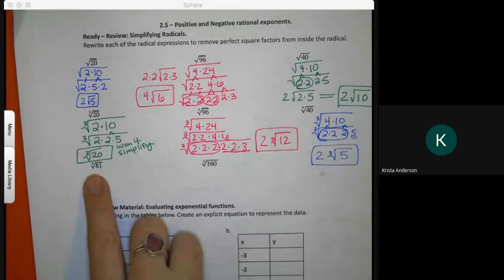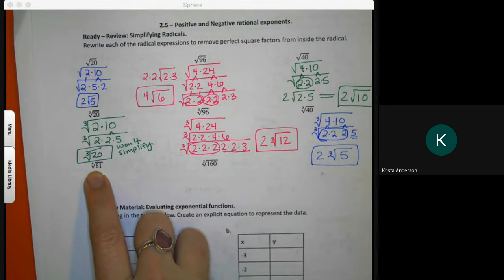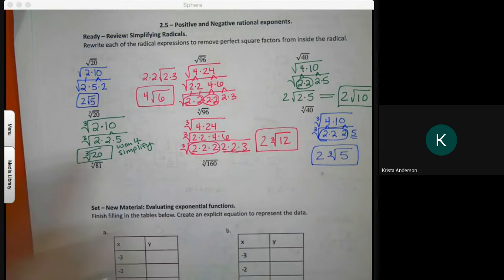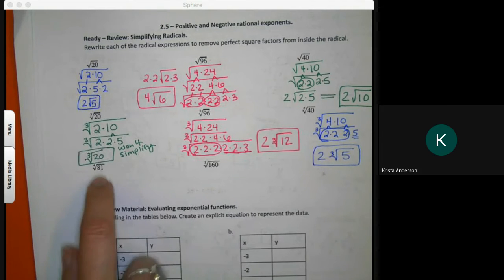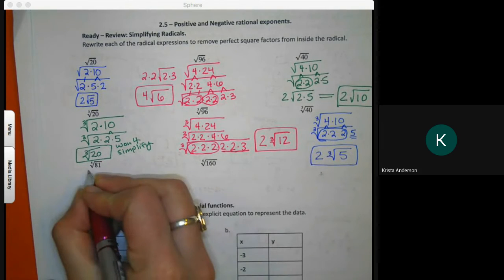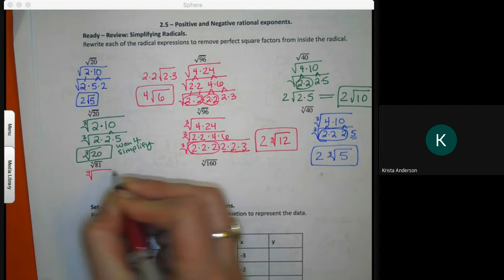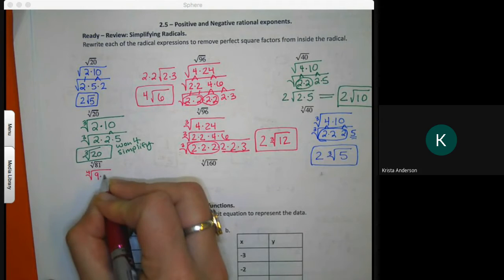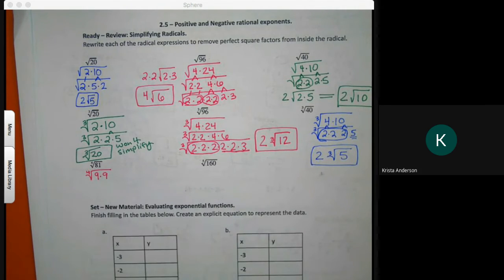With the next one on the bottom, the 4th root of 81. When I break up 81, you can either type it in or I'm going to see what happens. 81 is a perfect square. It's 9 times 9.